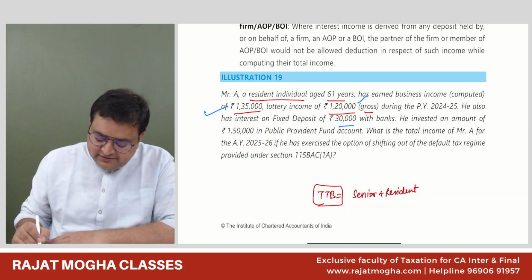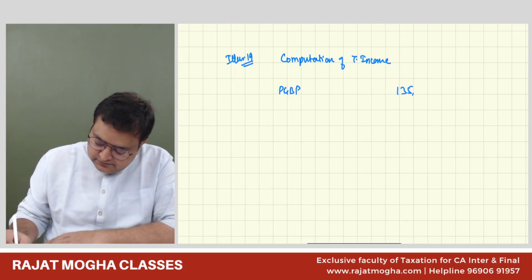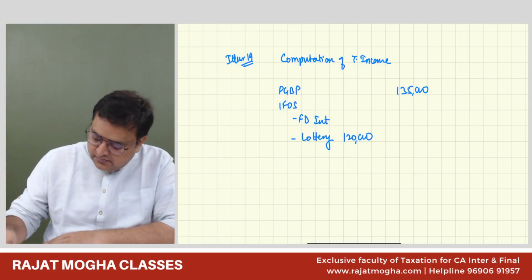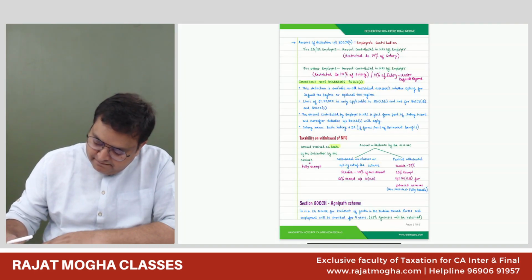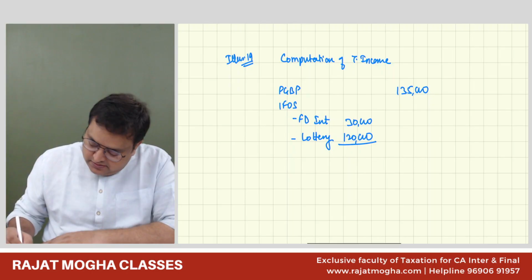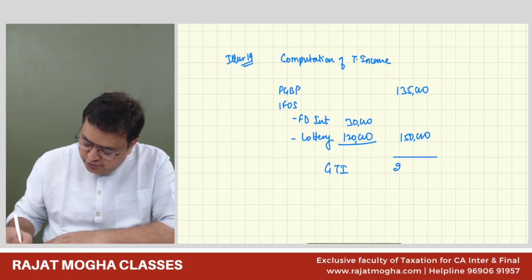And 30,000 is the fixed deposit interest. And 150. So his GTI is coming as 285.